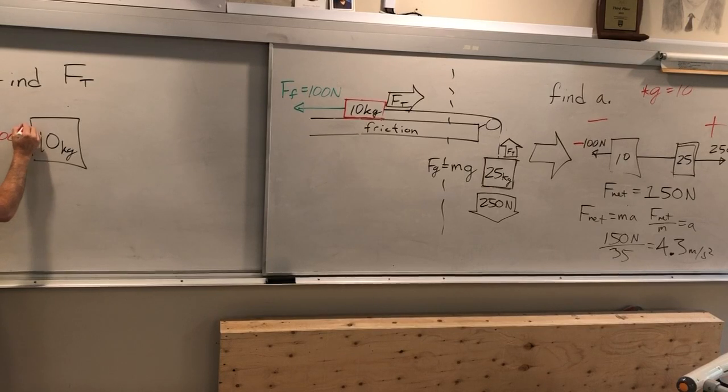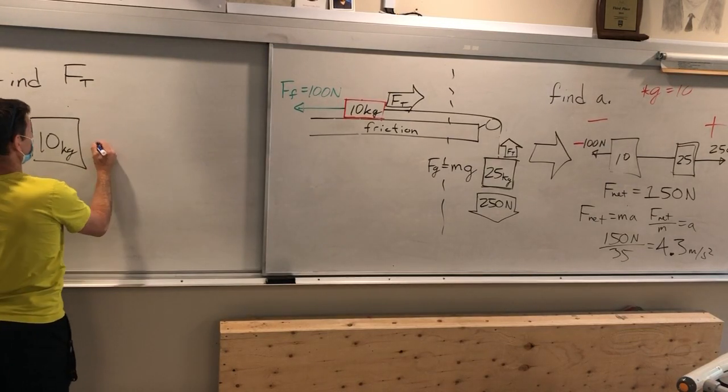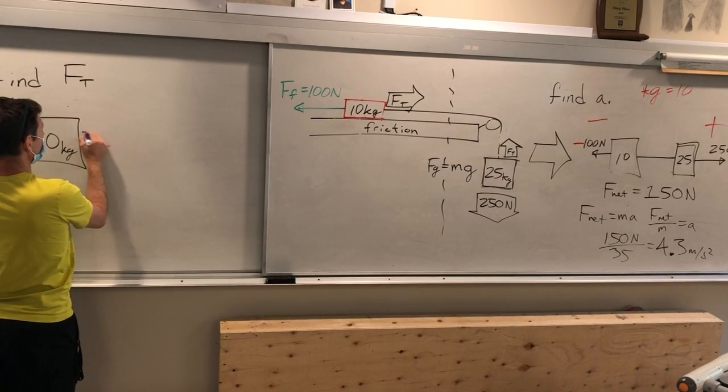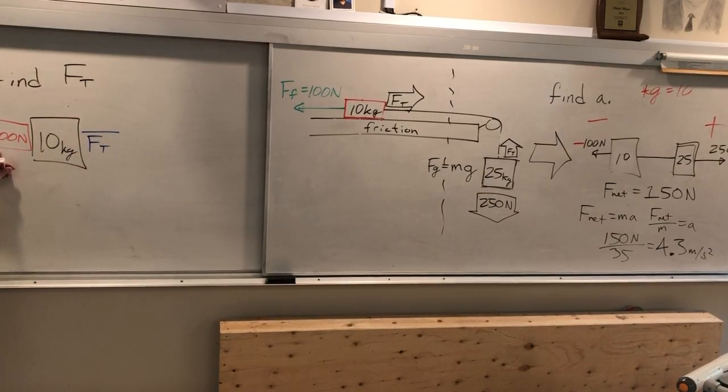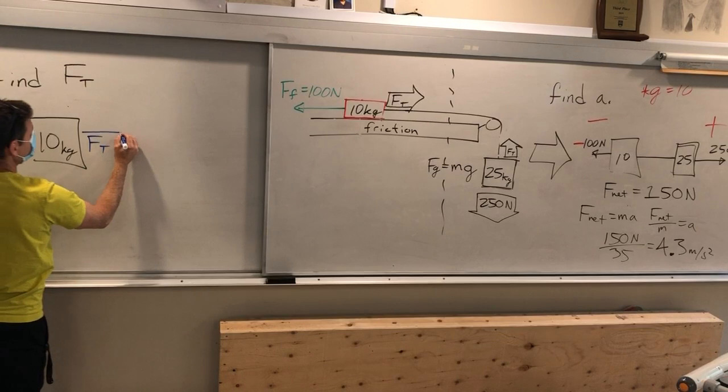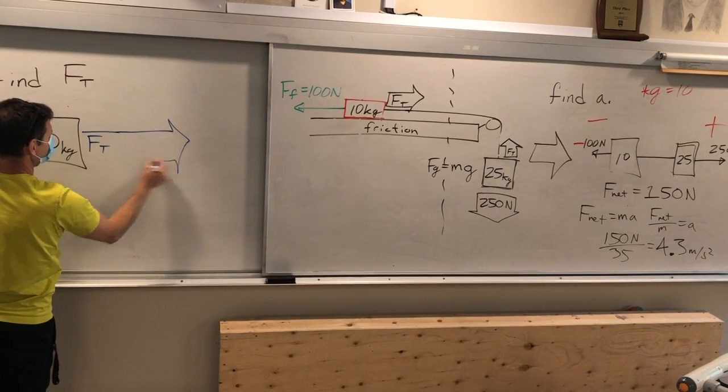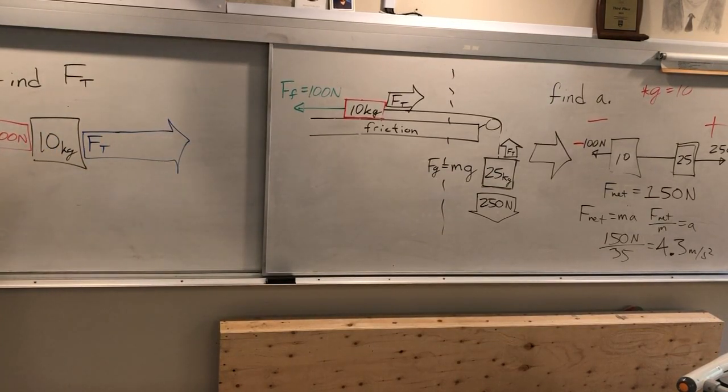And tension going forward, force of tension. We don't know how much it is. Do you think it's bigger than 100 or less? Bigger. Which way is this going to accelerate? That way. So which one has to be bigger? The tension has to be bigger, right? But we don't know how much bigger.